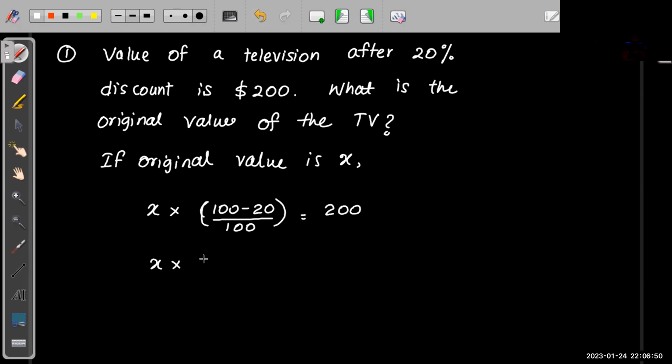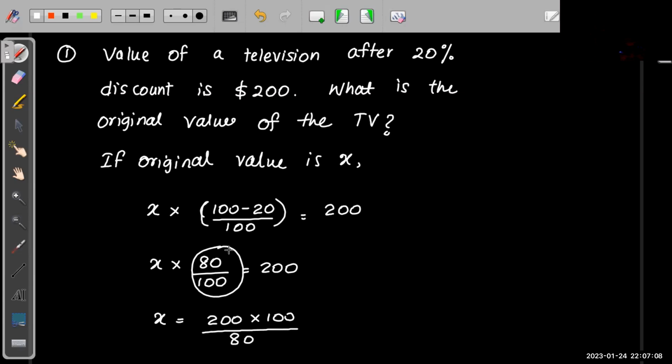So x into 80 over 100 is 200. Now take that fraction to the other side. When you take 80 over 100 to the other side, it will be 200 into 100 over 80. When you bring a fraction to the other side, it takes the reciprocal.